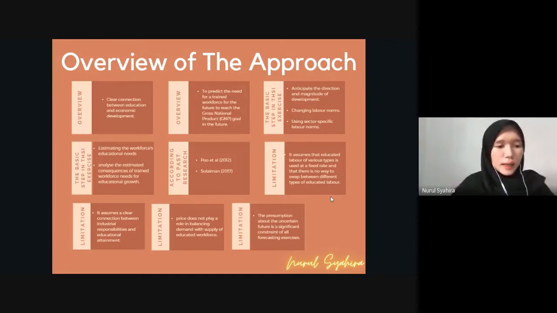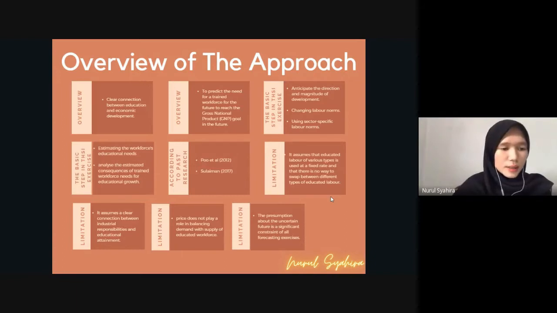The approach attempts to predict the needs of a trained workforce for the future, to reach the gross national product goal in the future or the real target for industrial output. The following are the basic steps in this exercise. Number one is to estimate the direction and magnitude of development of each economic sector.